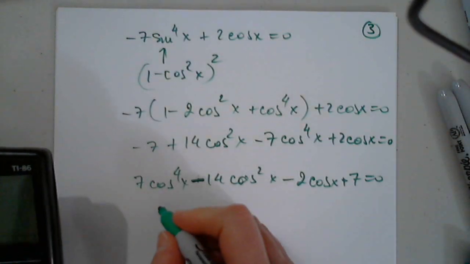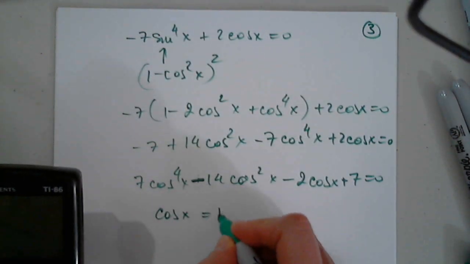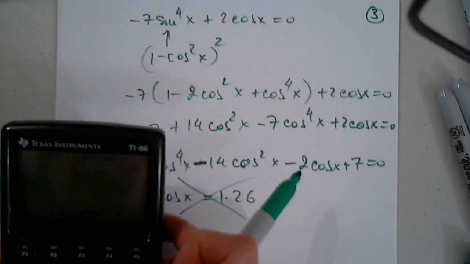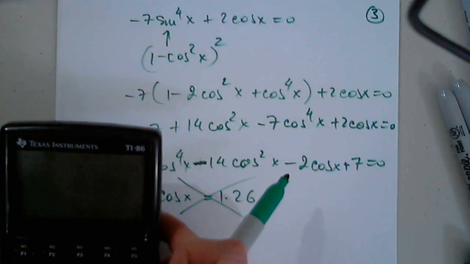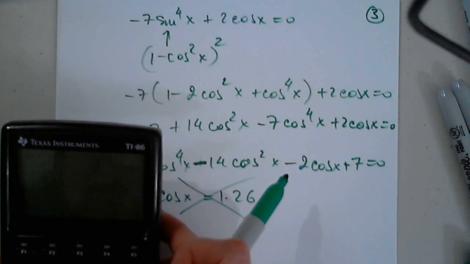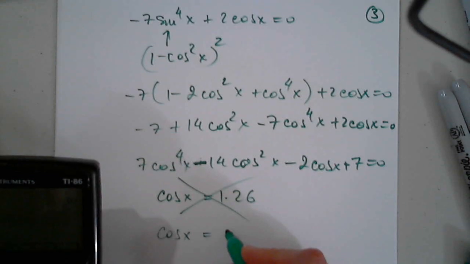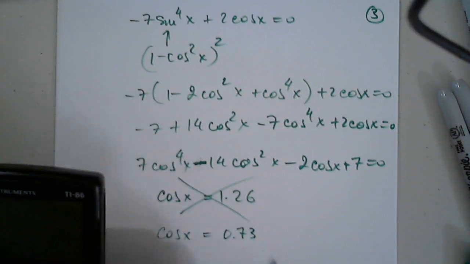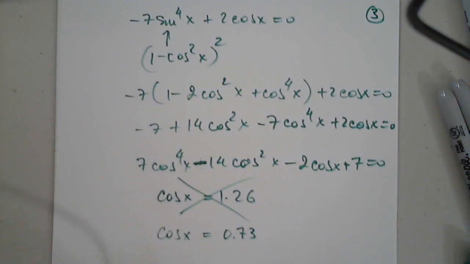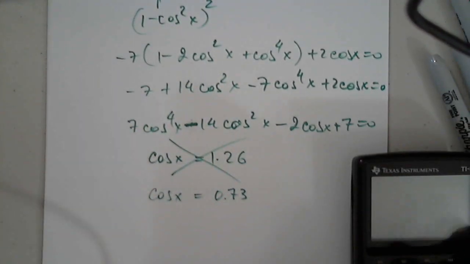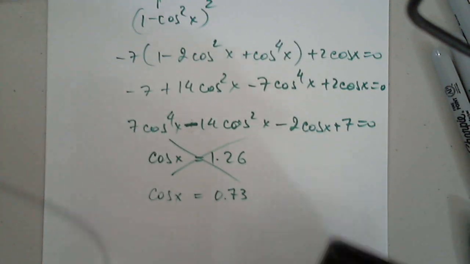Just kidding. So I got that cosine x equals 1.26. Not possible. This is an imaginary number. Okay, we got one. Cosine x equals 0.73. Okay, so we got one solution here. But is that possible?